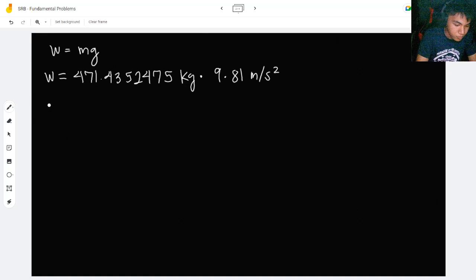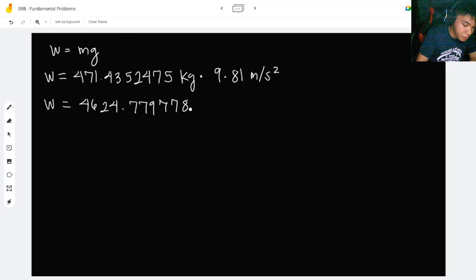It's also the unit for weight, since that is influenced by gravity. So we're going to end up with 4624 point, we're going to have more decimals here, 779778 newtons. Okay, so that is basically our answer for this one.